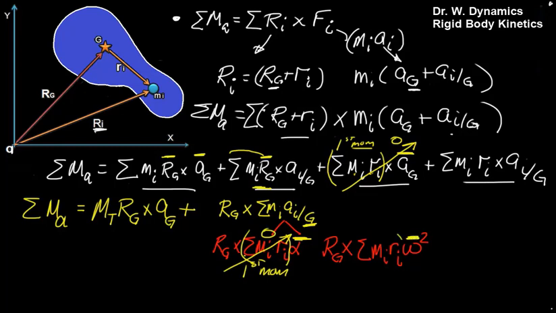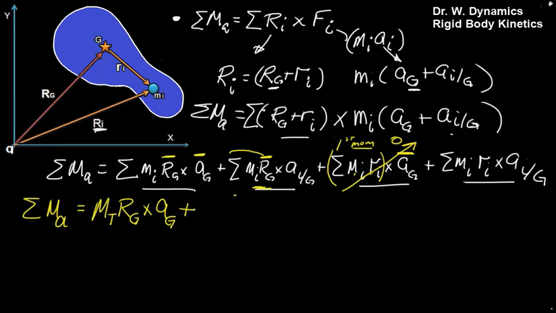And again, we see the sum of the miRi's, which is the first moment about the centroidal axis, which is always 0. So it turns out, a detailed look at this, we find it to be 0. And that leaves just this term over here now, which again we can look at.